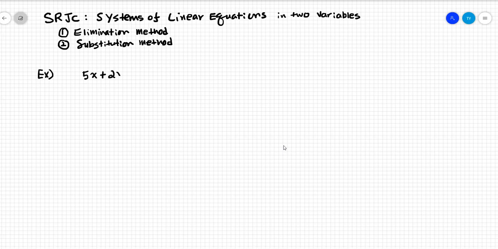We have 5x plus 2y equals minus 5, and the other is minus 2x minus 4y equals minus 14. We are using the elimination method here.